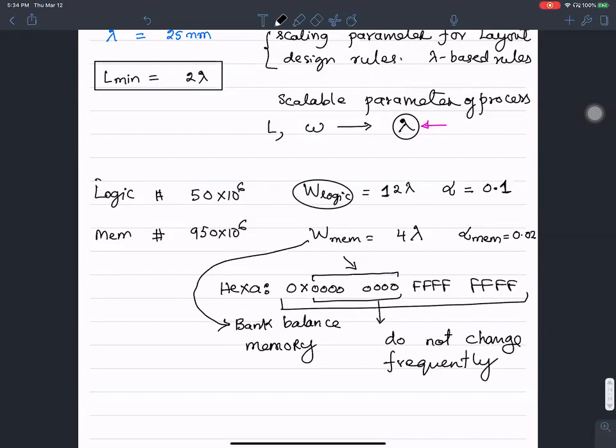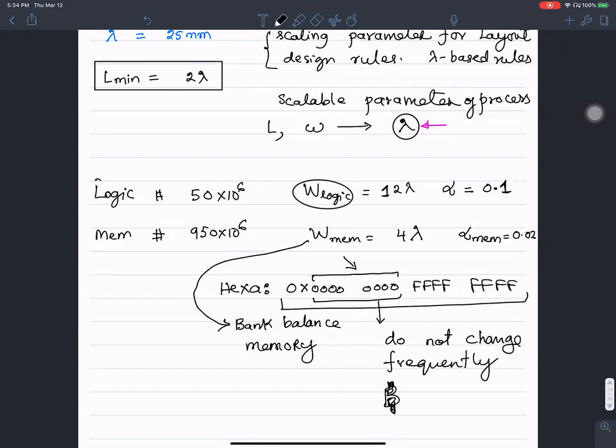If you're using this variable to represent your bank balance, on a day-to-day basis not many people do transactions so large as to change the upper 16 bits of the hexadecimal representation of your bank balance, unless you're investing in Bitcoin, where you would end up losing a lot of your money in a single day.